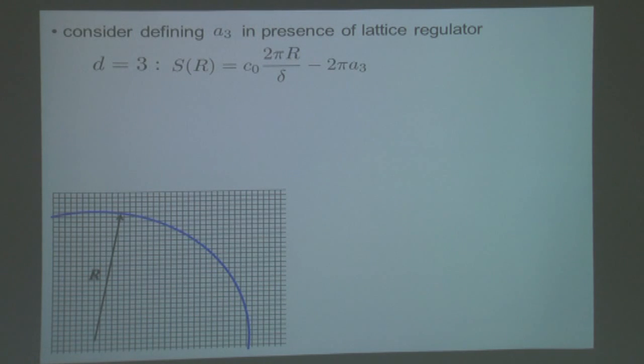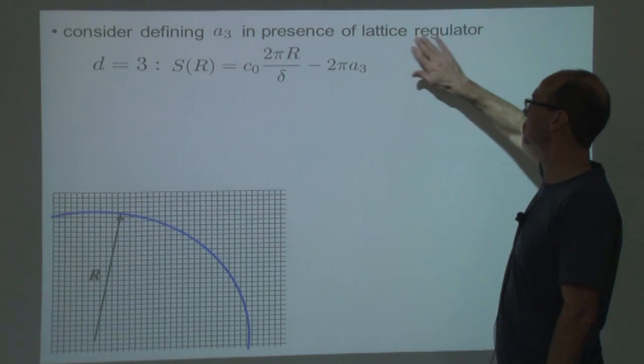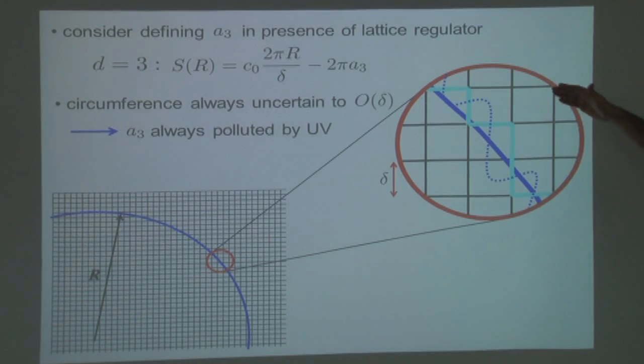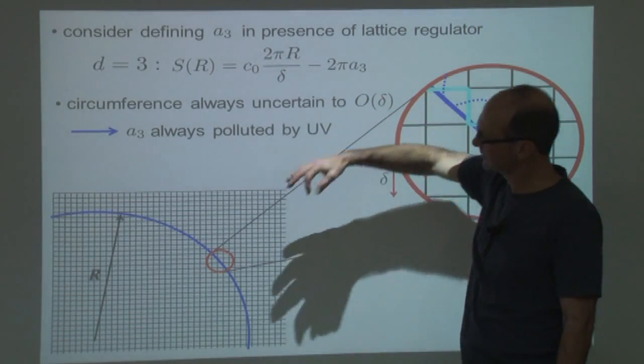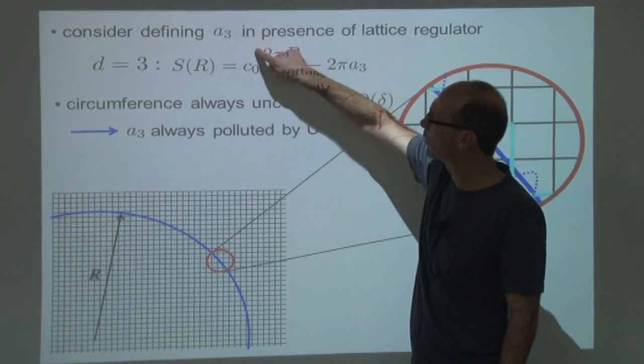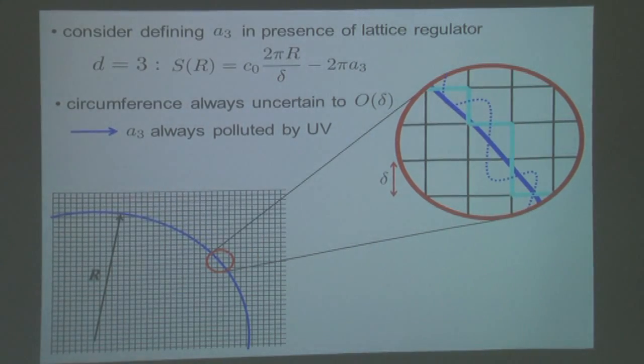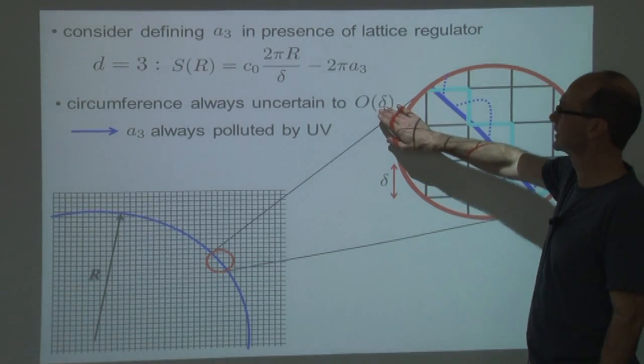And so I'm going to argue for this A3 that, in fact, a lattice regulator isn't something we typically use in our analytic calculations, but it's something that in principle we could use to define our favorite theory. And I'm going to argue that that presents a problem to us, because here what I have is a theory, if you like, with a finite resolution. And so this quantity, the circumference of the circle, is always going to have some uncertainty in it that's of the order of our resolution.